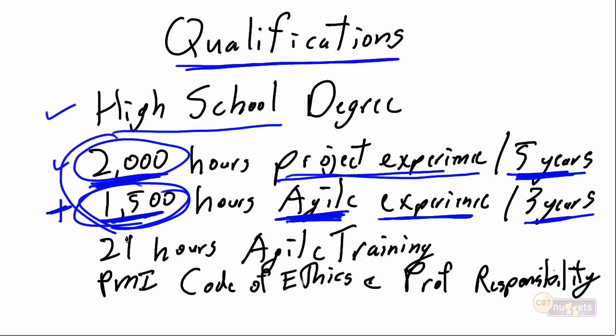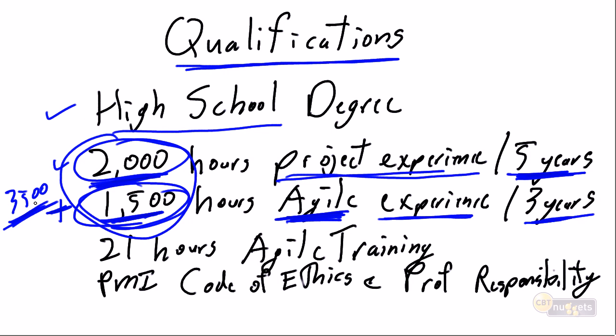And again, I want to emphasize, in total, they're looking for 3,500 hours, not 2,000 hours, of which 1,500 are Agile. They are cumulative 3,500 hours in total, and I want to stress that because, again, you need to provide actual evidence of these hours.